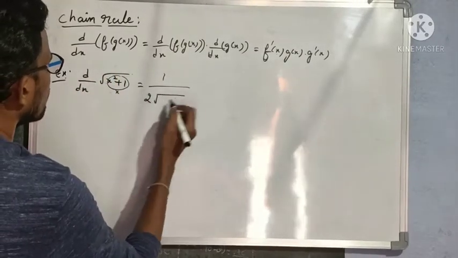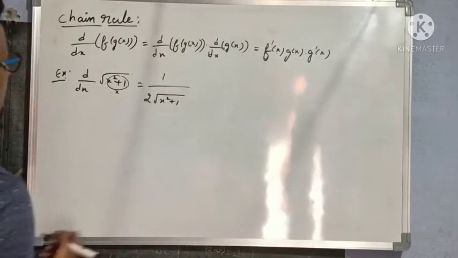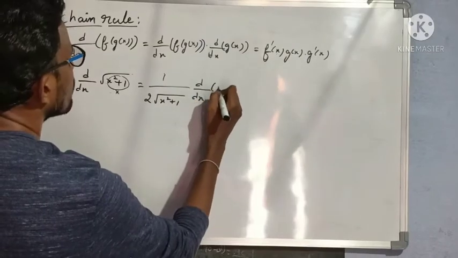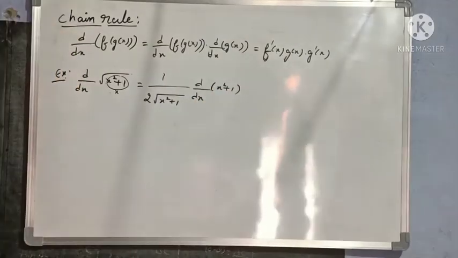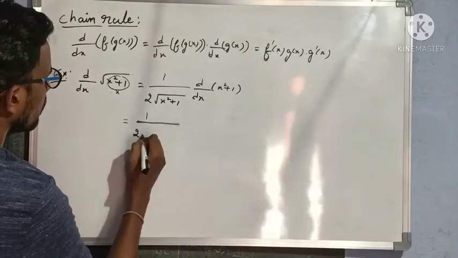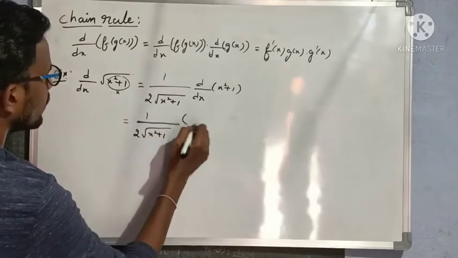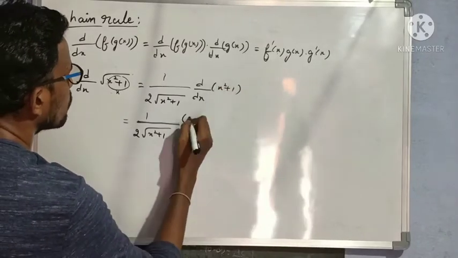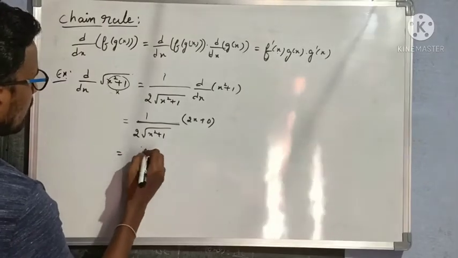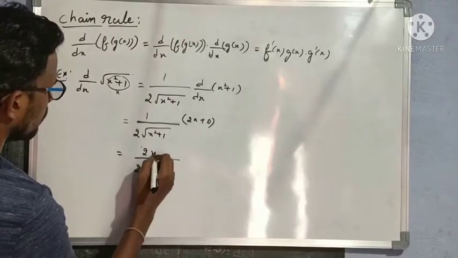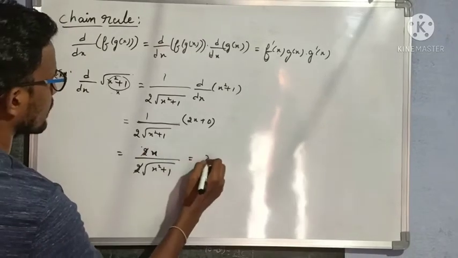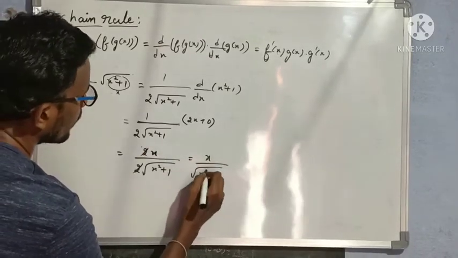So 1 by 2 root of x square plus 1 into again d by dx of x square plus 1. Understood? So that is equal to 1 by 2 root of x square plus 1 into d by dx of x square is 2x plus d by dx of 1 is 0. So here we will get 2x by 2 into root of x square plus 1. So 2 gets cancelled. X by root of x square plus 1.